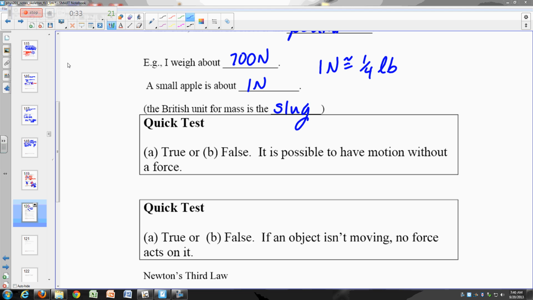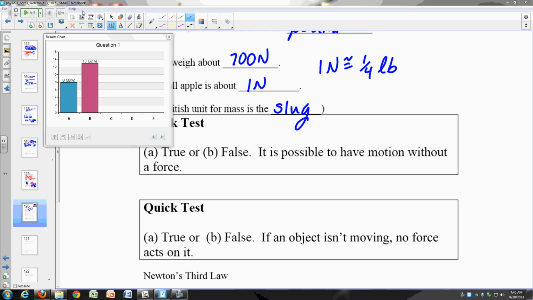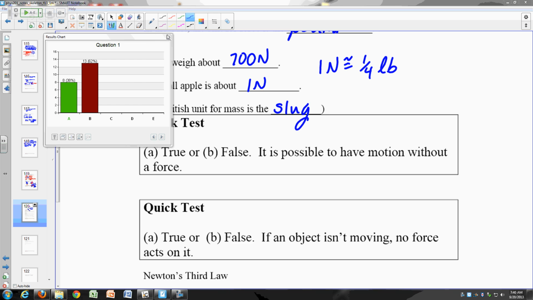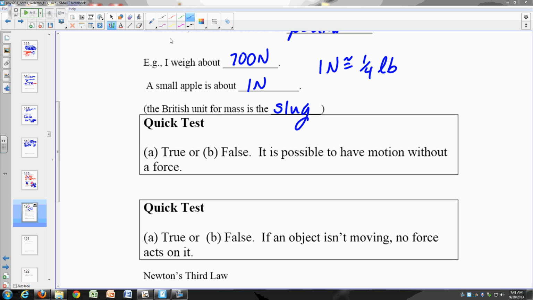That statement is true. This goes back to Newton's first law: if an object is in motion, it will continue in motion unless it's acted upon by a force. So if I have an object in motion, it's going to continue that way.